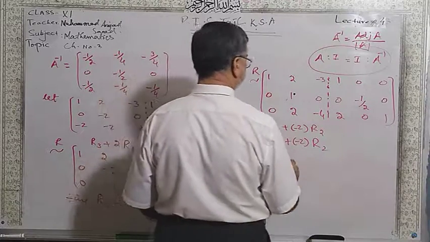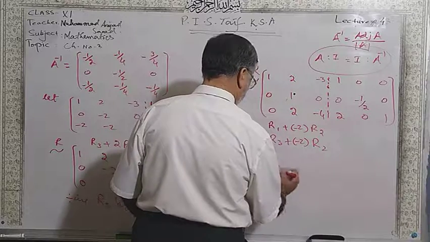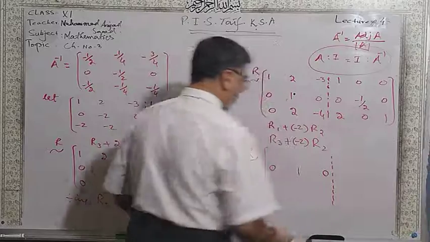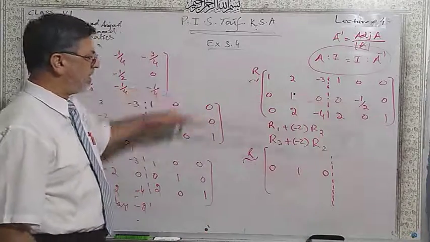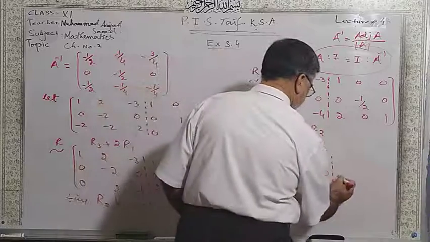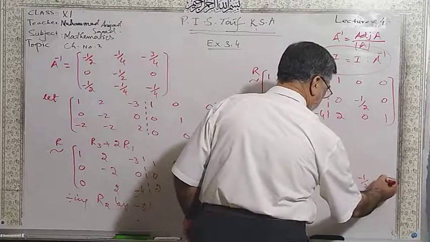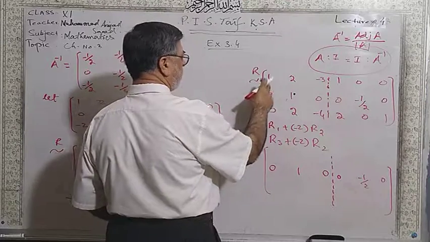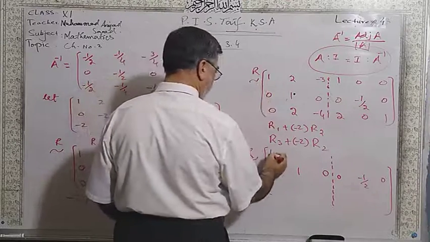Here is 0, 1, 0. I am writing down row number 2 because it will have no change. 0, minus 1 over 2 and 0. Now multiply 2, 0 and add in 1, 1.